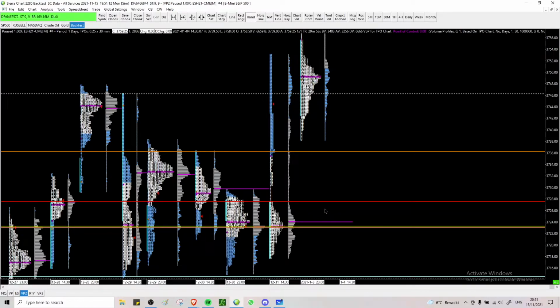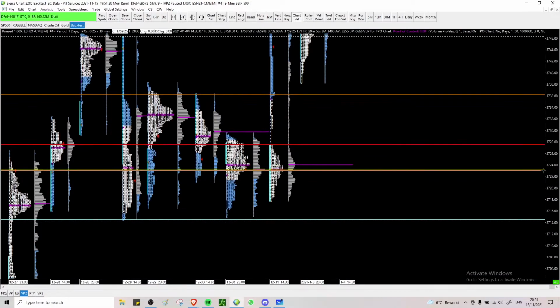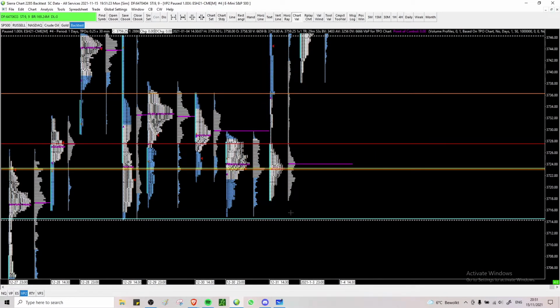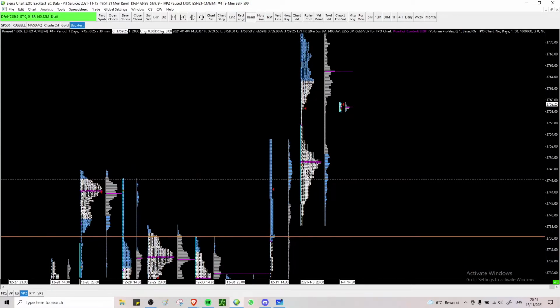If acceptance is found below this spike-based reference, obviously a bearish change has taken place in the market, and the ultimate destination is value area low according to value area rules, but also this balanced low here, which is a poor low as well. So let's just see how it plays out.